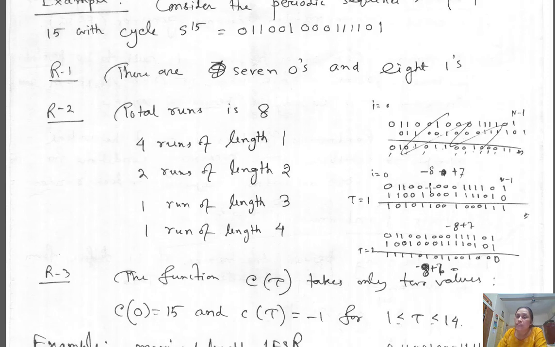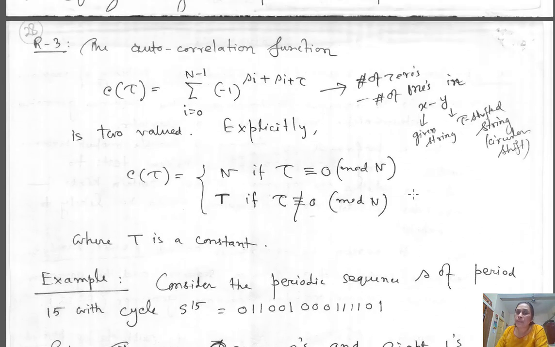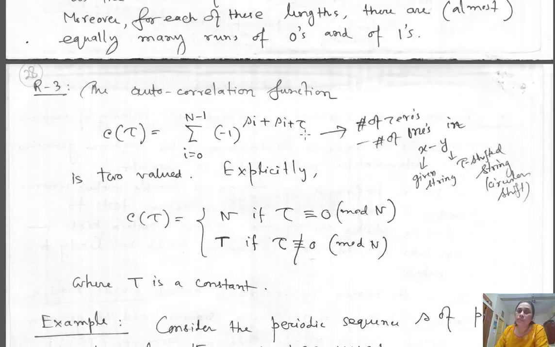Okay, so if both are 1, it gives you 0. So in this sum, it will contribute 1. So in this sum, it essentially gives the number of zeros minus the number of ones.